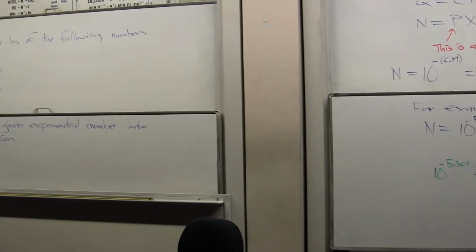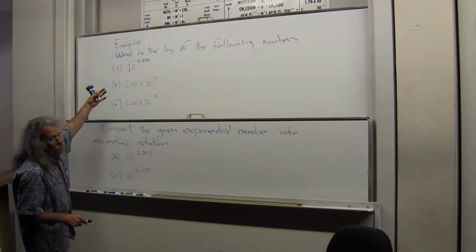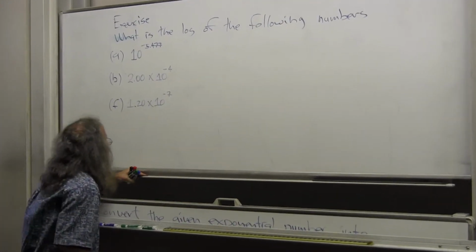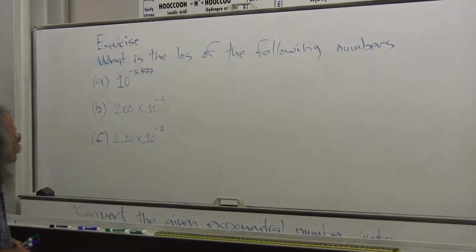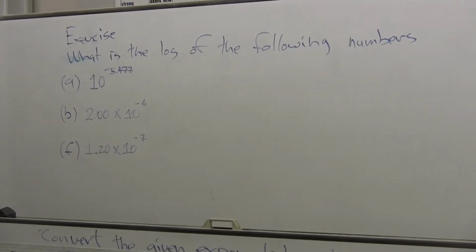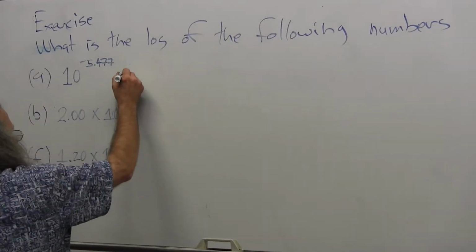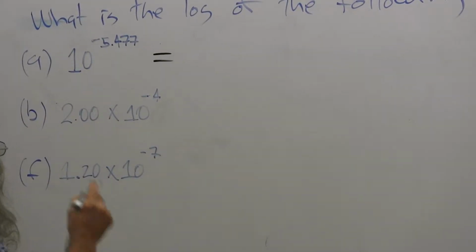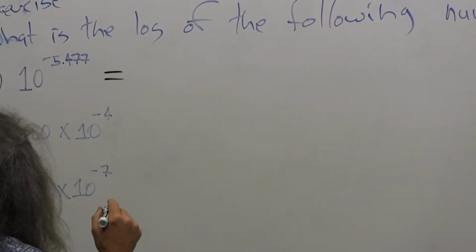So the first exercise, again: what is the log of the following number? 10 to the minus 4.77. Going this way is really a lot easier, actually.